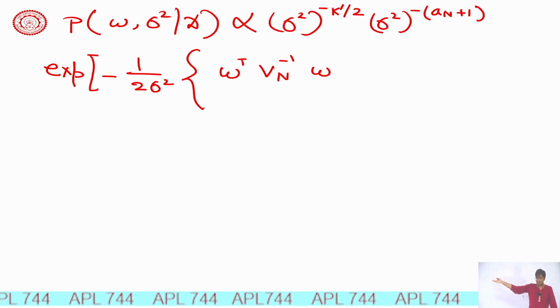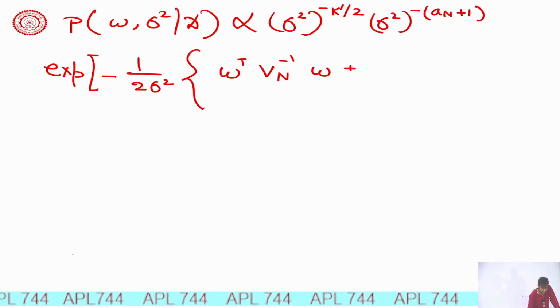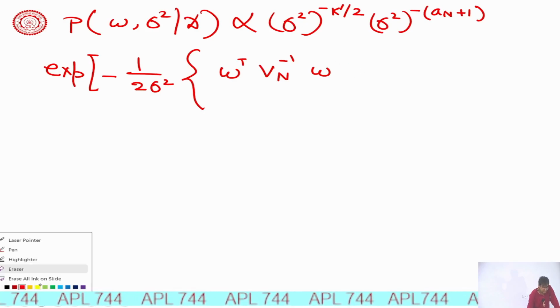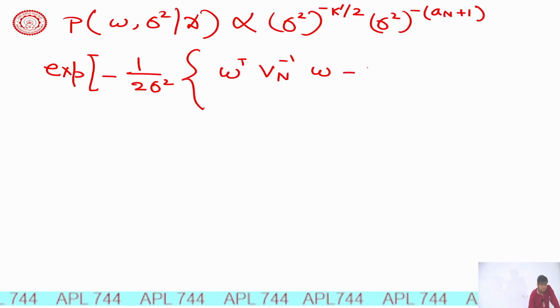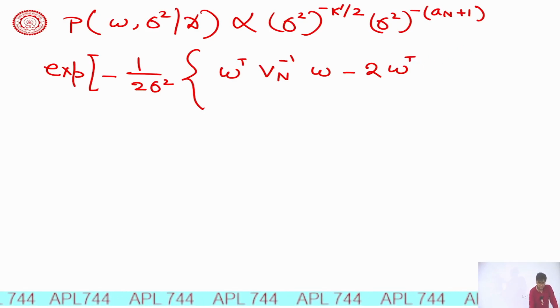V_n is what we have introduced, plus or minus, sorry, minus 2 W transpose, and then what did I call it? V_n inverse W_n.